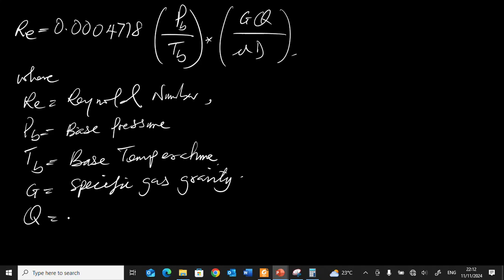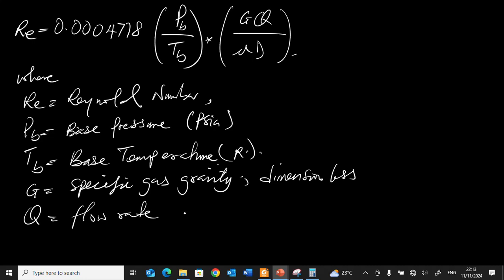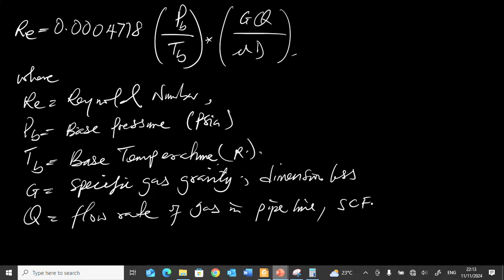Now we have Q as the flow rate of the gas in the pipeline. The base pressure is in psi, the base temperature is in Rankine, and G is dimensionless. The flow rate is in standard cubic feet per day.